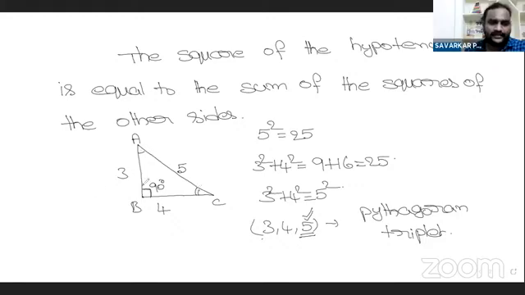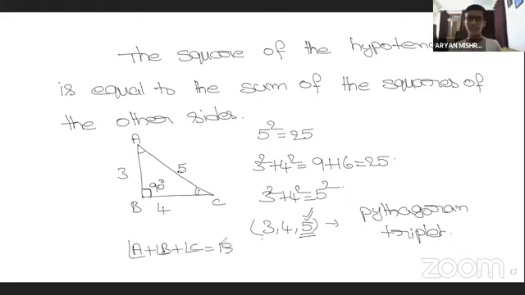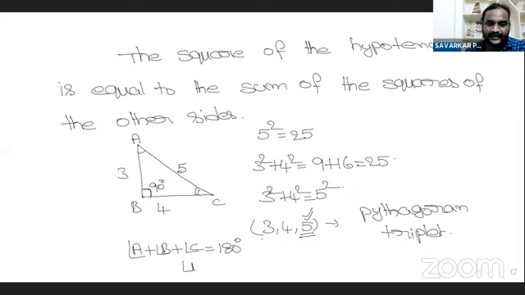By the properties of triangles, angle A plus angle B plus angle C is equal to how much? 180 degrees. Already B is 90 degrees, so angle A plus angle C is equal to 90 degrees. What is the meaning? They are complementary. Angle A and angle C are complementary angles. Do you remember?